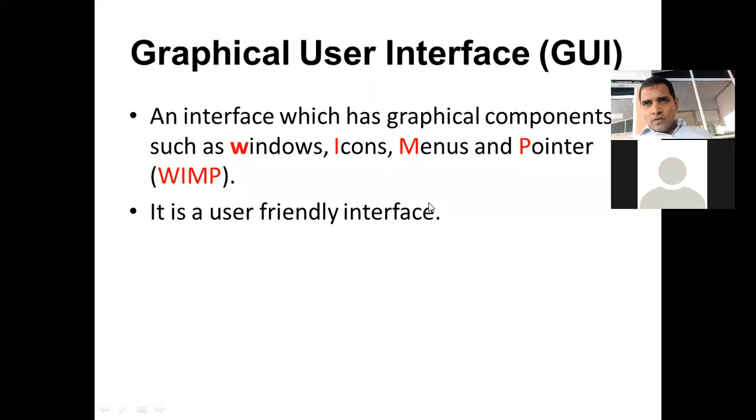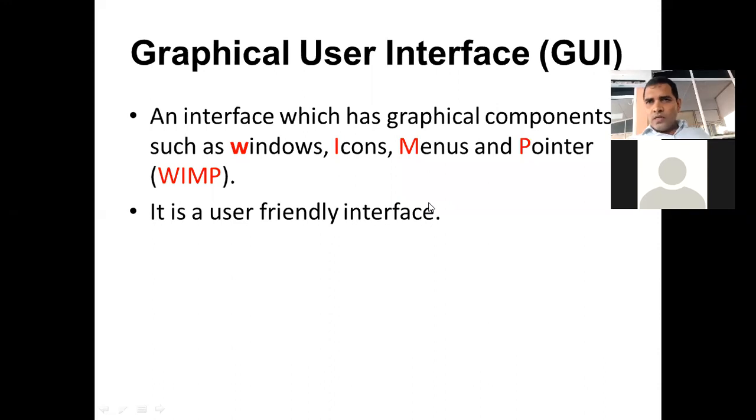The word graphic is always related to pictures, diagrams or videos. So on your mobile phone screen, there are small pictures which we call icons. That is related to graphic.